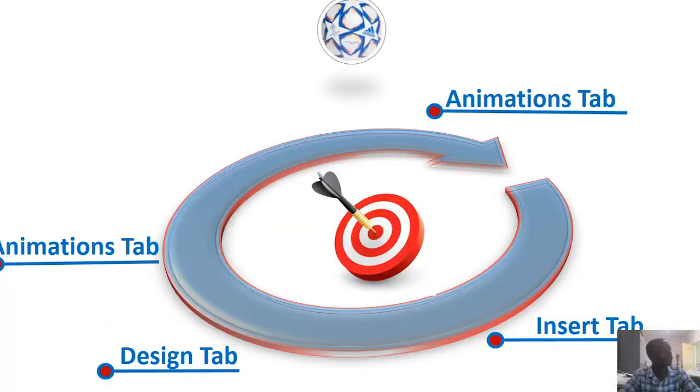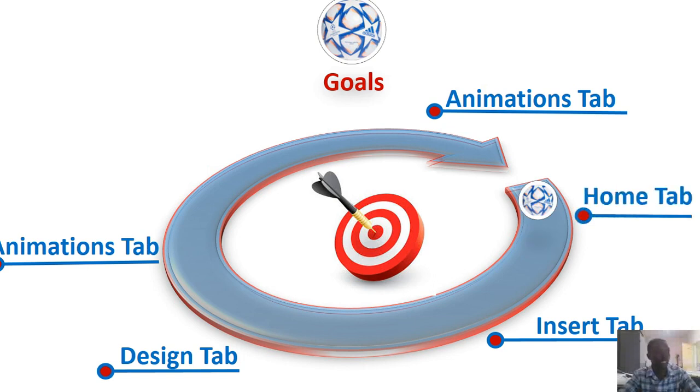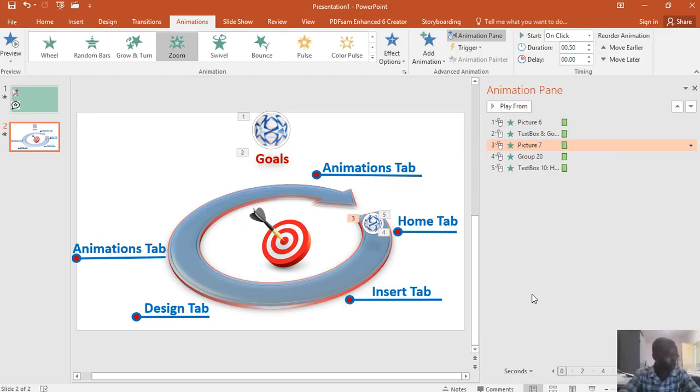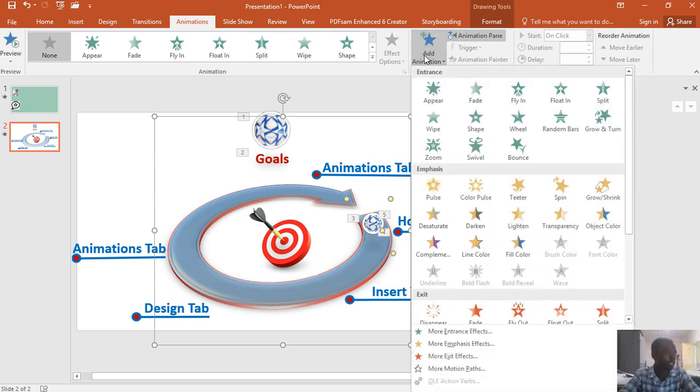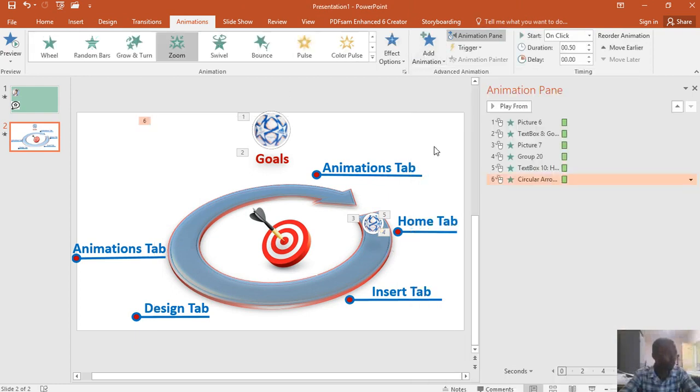So our ball appears, comes in, and then the text comes in like that, right? So this image must also zoom in or just appear. So we zoom it, but it must come after goals. Goals is this one, animation number 2. So we click this and drag it to that position.